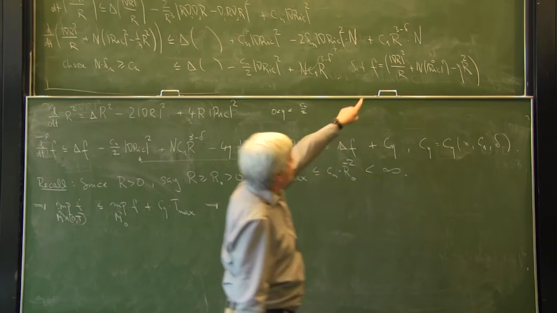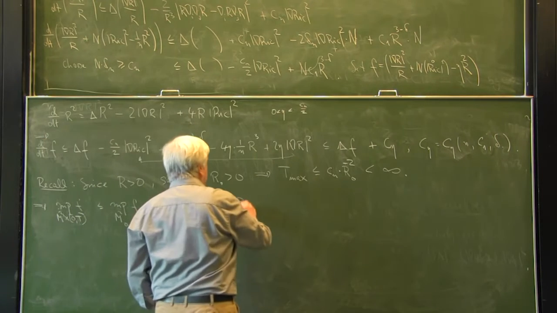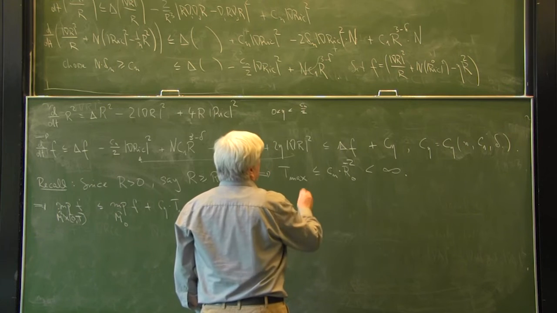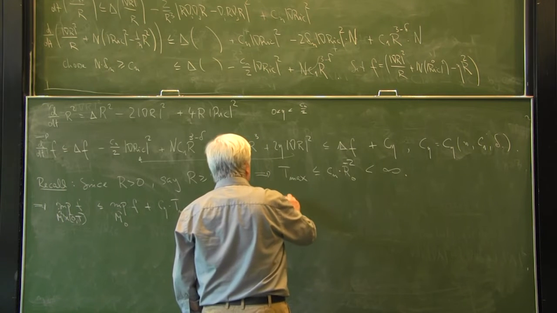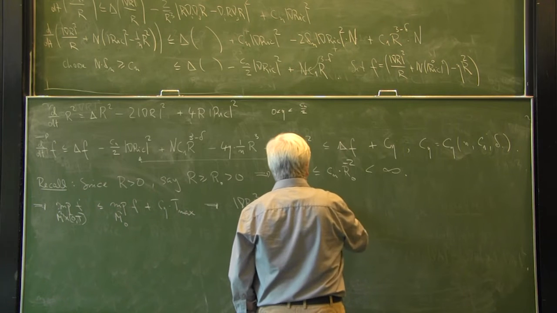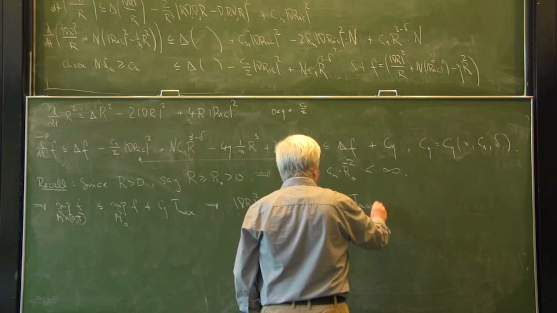It means that, in particular, gradient of r squared is less than eta times r cubed plus c of eta times r times t max.